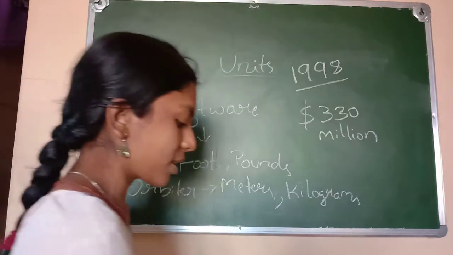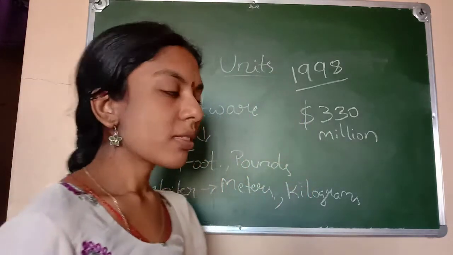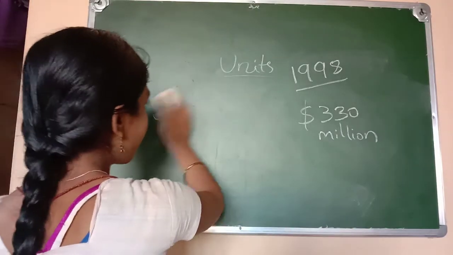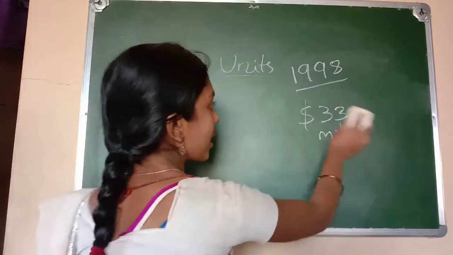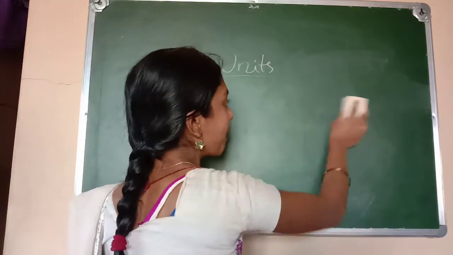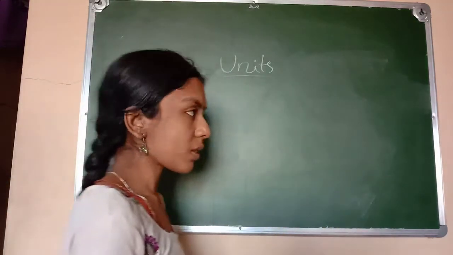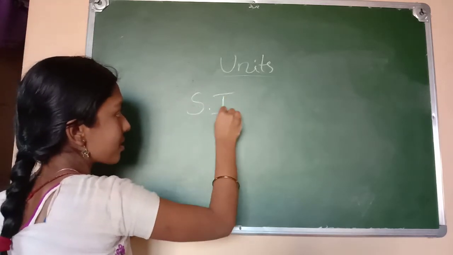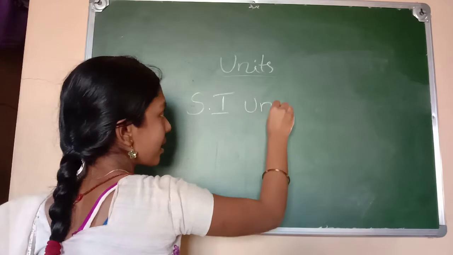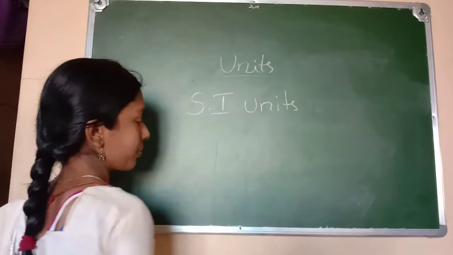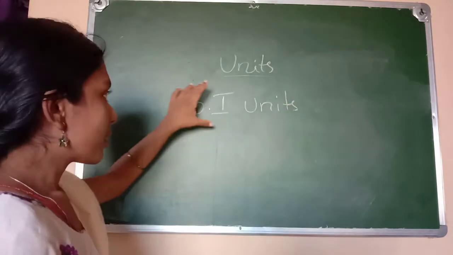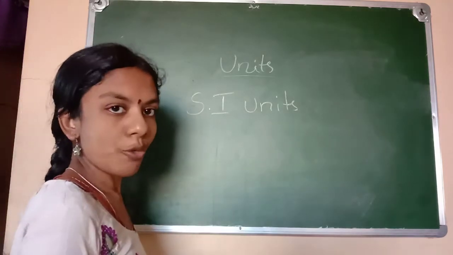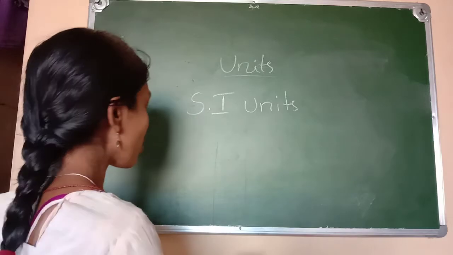So that is when the scientists came up with the idea that we should have one standard method of measurement throughout the world, so that such confusions would be avoided in future. That is when SI units of measurement came into existence. This is called the standard international units for measurements.